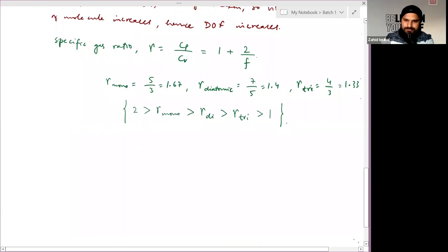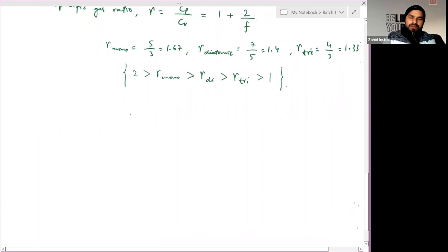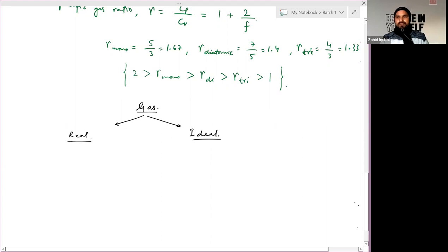Next is the concept of gas, about real gas and ideal gas. So next is real gas and ideal gas. Hamza, do you know these two terms?